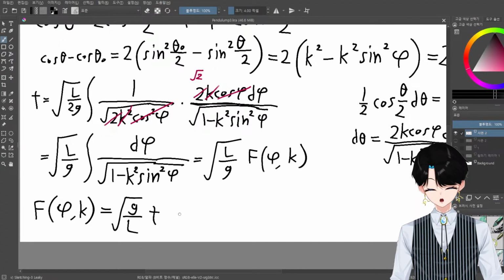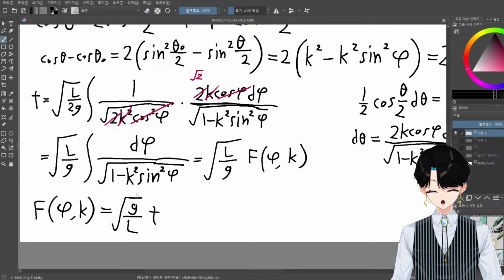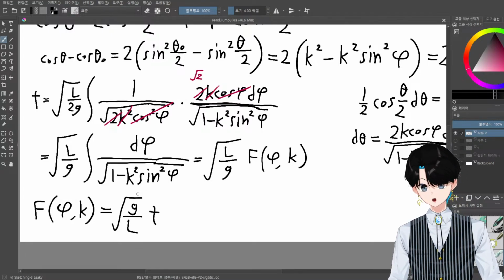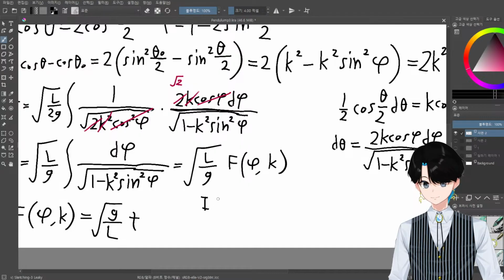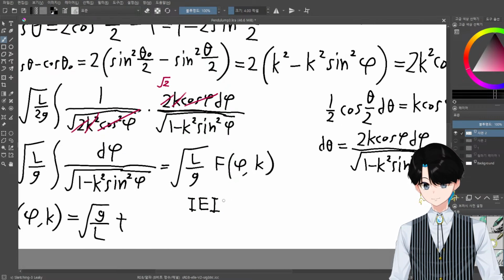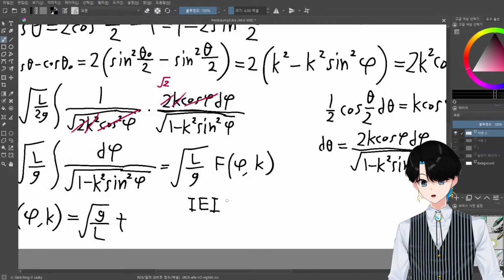We remember what happens if we inverse the incomplete elliptic integral of the first kind. Hold on, I want to abbreviate this. Incomplete elliptic integral of the first kind.